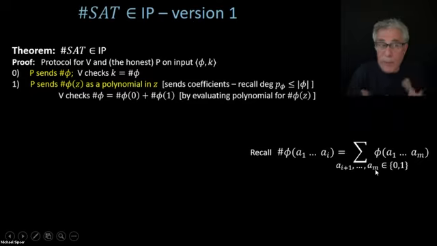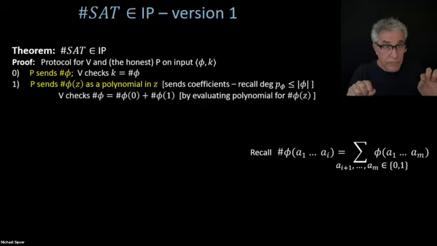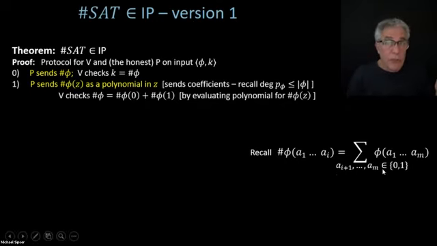So I just get a polynomial in Z. The other variables get assigned and added up over the various Boolean assignments. And now I get some expression in Z. That's just going to be a single variable polynomial, whose degree is going to be at most the degree of number phi. So its degree is not going to be too big.